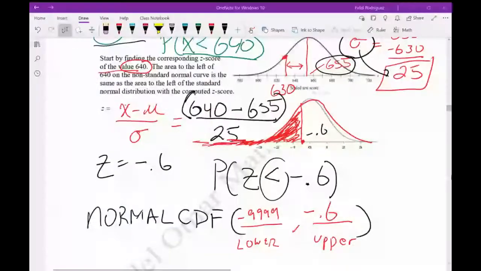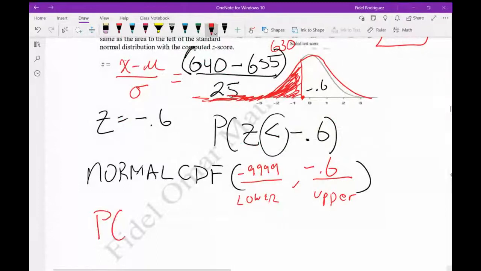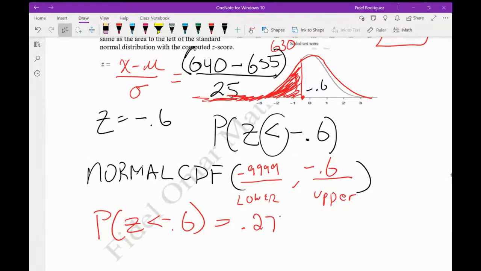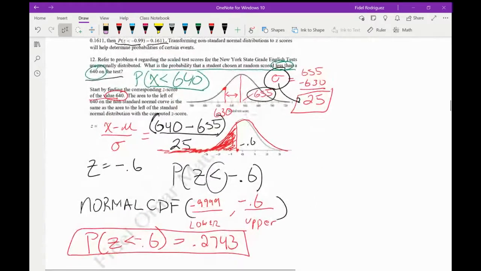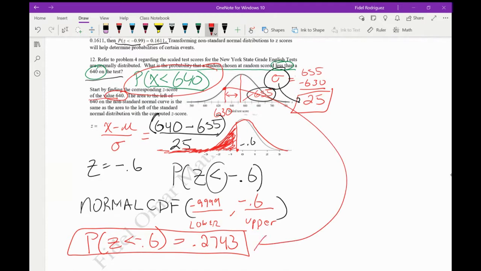So we're going to say the probability that z is less than negative 0.6 is 0.2743. And that's the same thing as saying that the probability that the score was less than 640 is 0.2743.